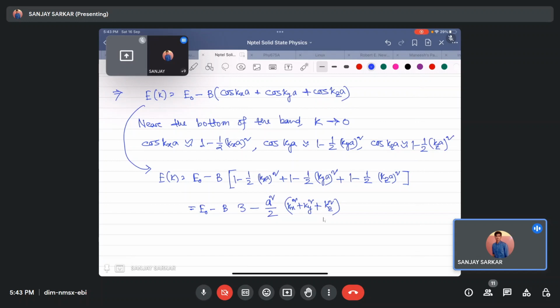So I have taken a square by 2 common, and we are left with this. Ultimately we will get E naught minus 3b plus a square b by 2 into k square, because kx square plus ky square plus kz square is k square.